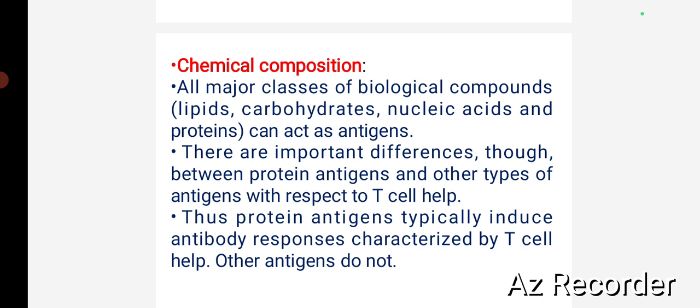Protein antigens typically induce an antibody response characterized by T cell help. With the help of T cells, protein antigens are differentiated from other antigens such as lipid, carbohydrate, and nucleic acid. Other antigens do not obey the T cell response.